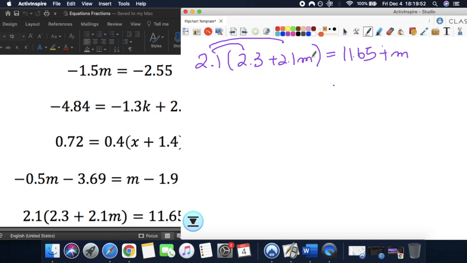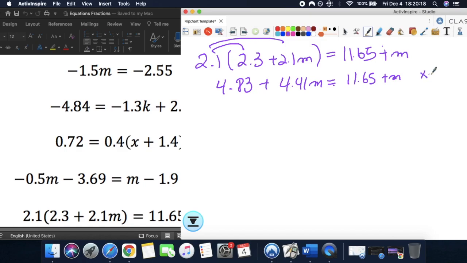Well, definitely, yeah, this is the distributive property. So again, 2.1 times 2.3 is 4.83. 2.1 times 2.1 is 4.41. m equals 11.65 plus m.